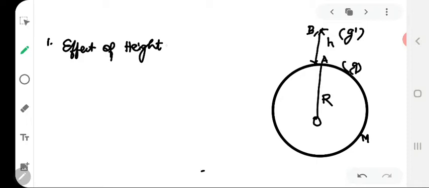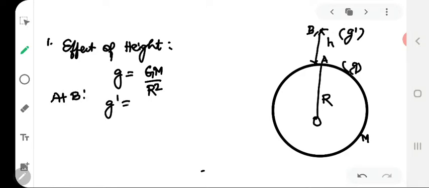Now we know that on the surface of earth acceleration due to gravity is given by GM by r square. So g dash is the acceleration due to gravity at a point B at height h above the surface of earth. Then g dash will be given by GM by r plus h whole square.